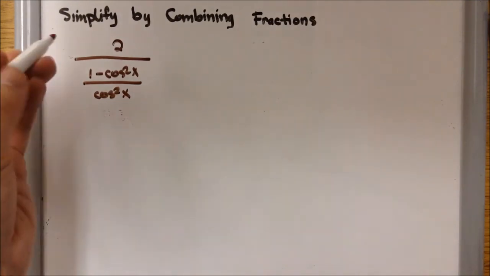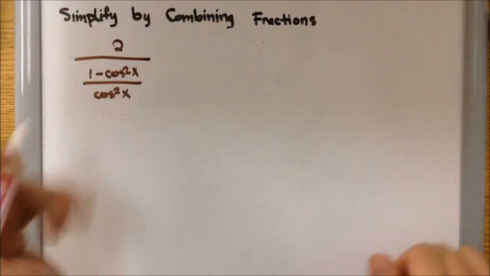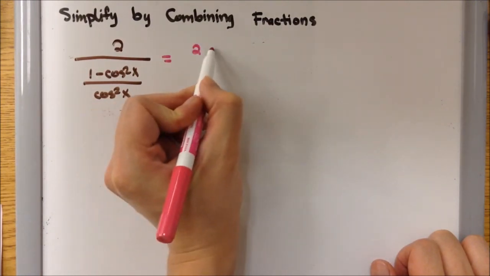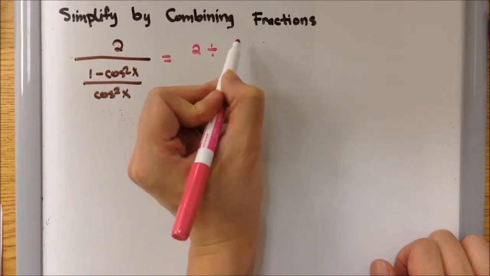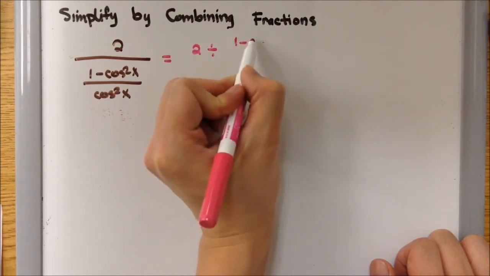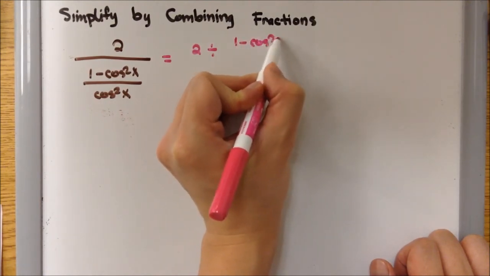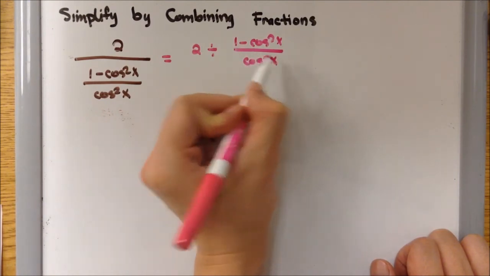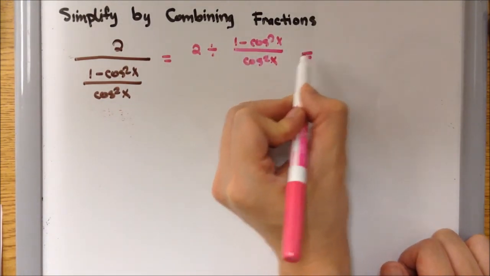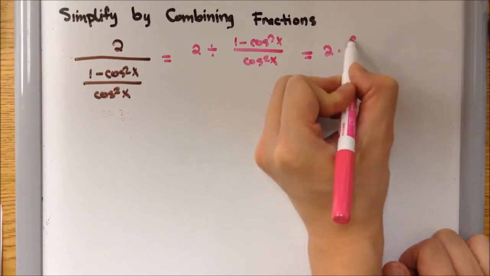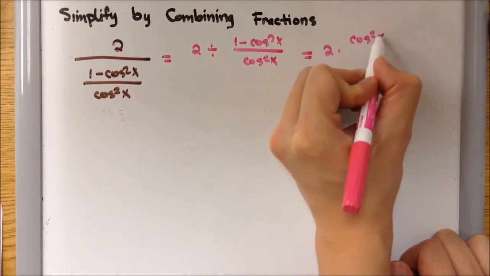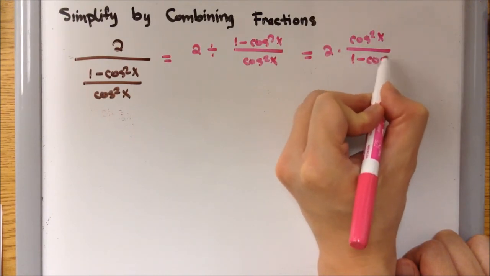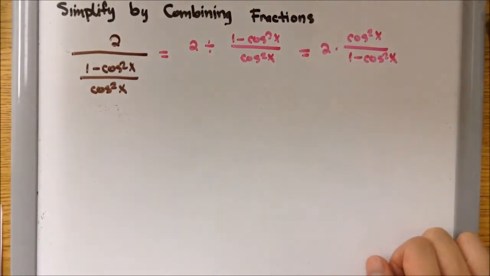Alright, since we have a number divided by a fraction, we can rewrite it as a division. So 2 divided by 1 minus cosine square x over cosine square x, and then change it to a multiplication. So 2 times cosine square x over 1 minus cosine square x.